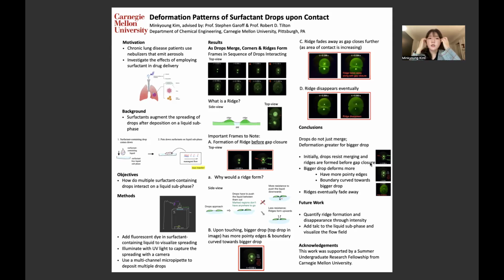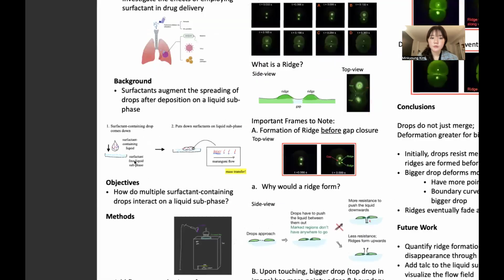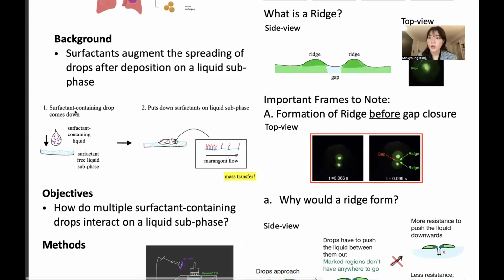As for the background, as I briefly mentioned, surfactants do augment the spreading of drops after deposition on a clean liquid surface. So here I have a diagram. Imagine a surfactant-containing droplet comes down to meet a surfactant-free liquid surface.